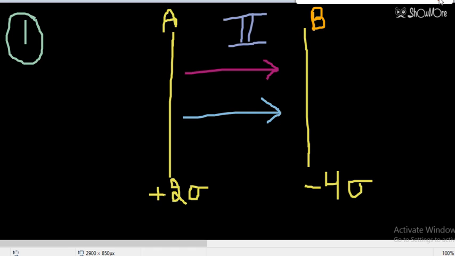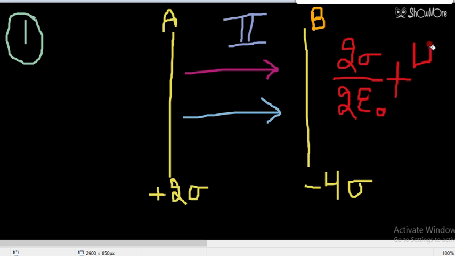So the resultant will be 2 sigma by 2 epsilon naught plus 4 sigma by 2 epsilon naught.